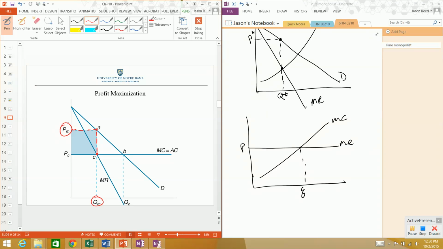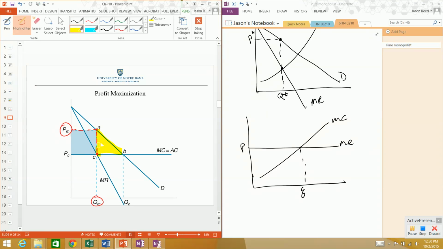And so the inefficiency of the monopoly will be equal to the area bounded by ABC, which is the difference between the area under the demand curve between QM and QC and the area under the marginal cost curve between QM and QC. So we have this loss occurring.